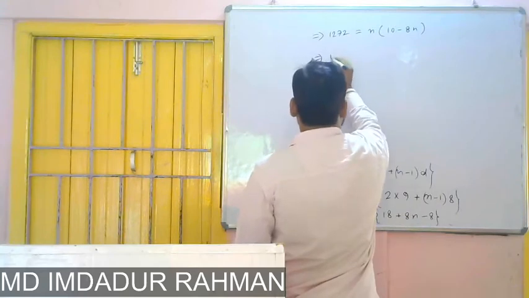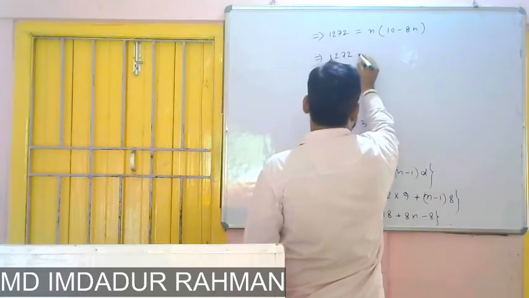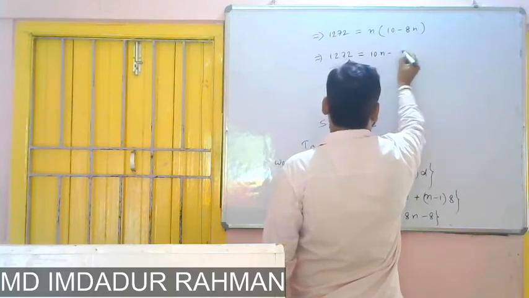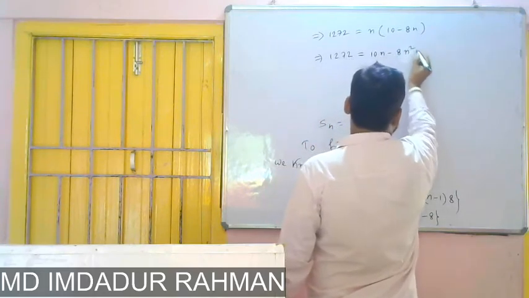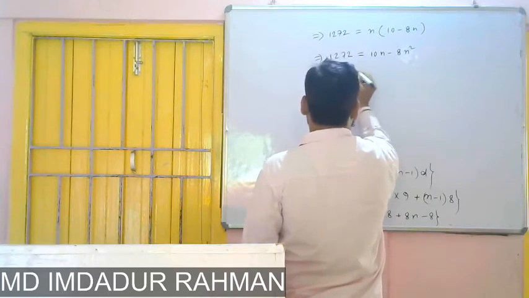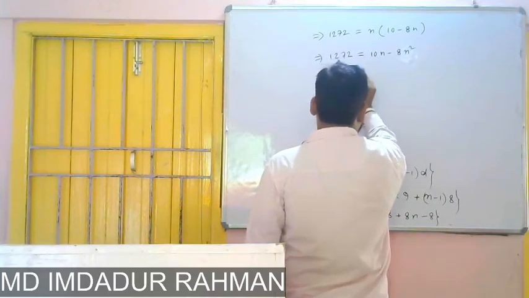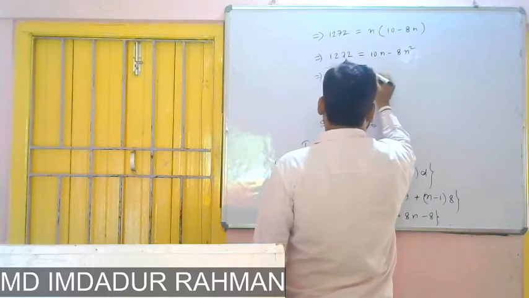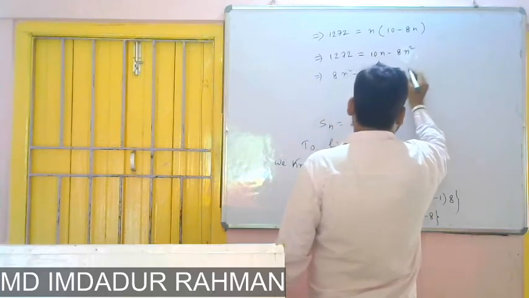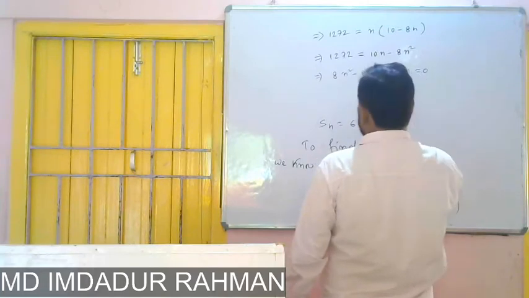Implies 1272 is equal to 10n plus 8n square, implies 8n square plus 10n minus 1272 is equal to 0.